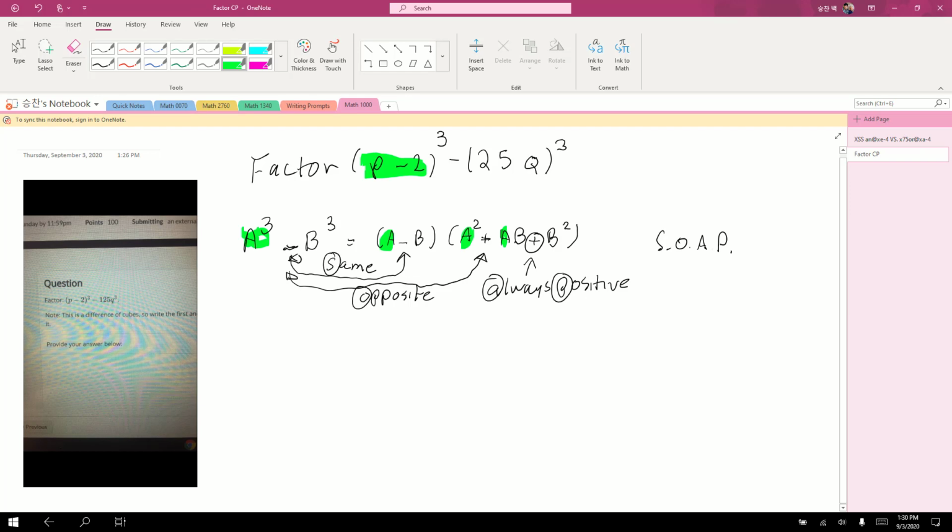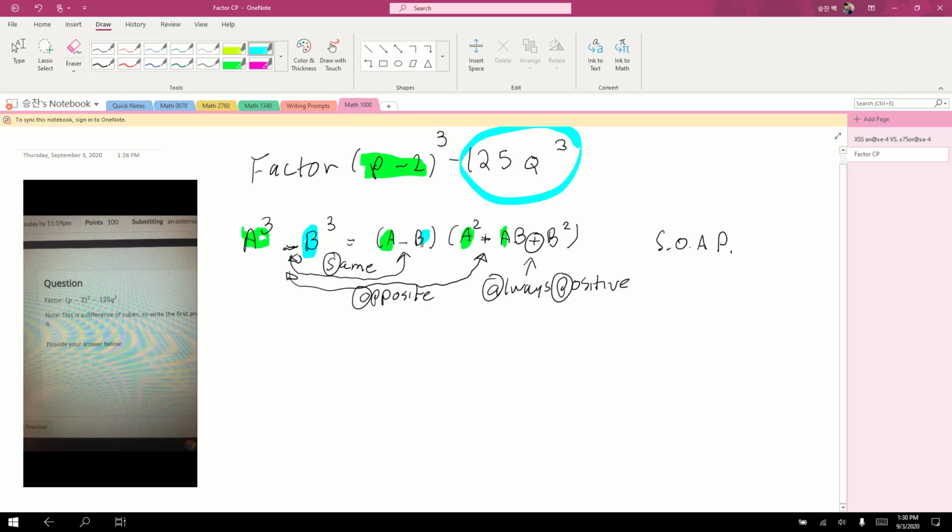And then, by the way, I probably should just say that I didn't need that extra parenthesis around the q there. And then the B will be whatever is here to the third power.